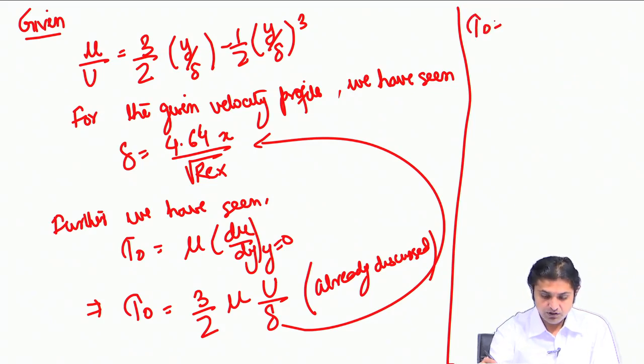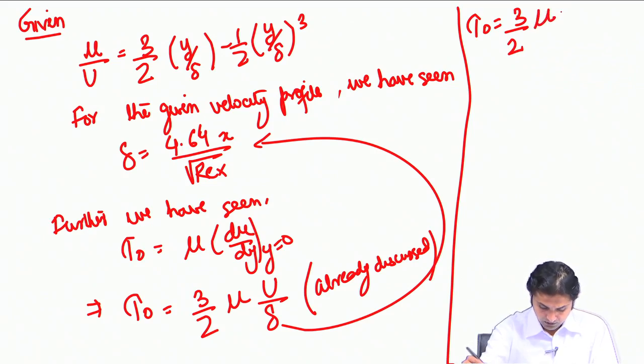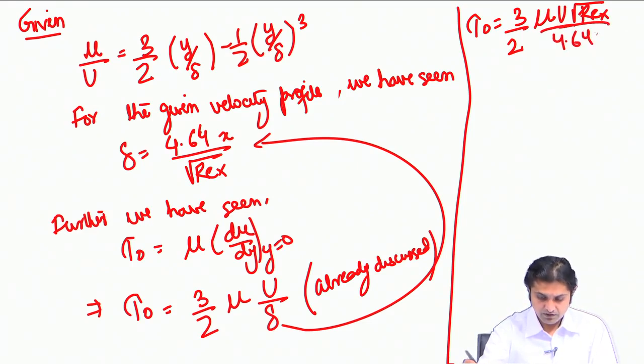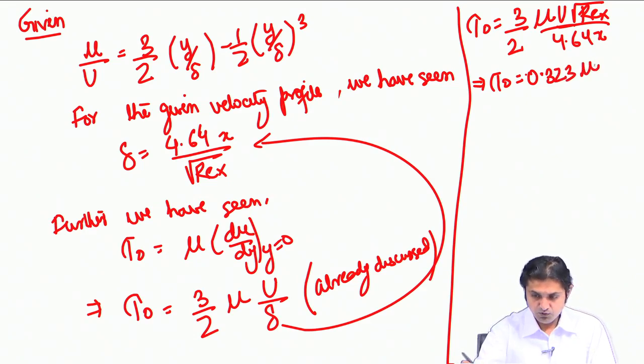So, tau naught is 3 by 2 mu U under root Rex by 4.64 x, or finally tau naught can be written as 0.323 mu capital U by x under root Rex.